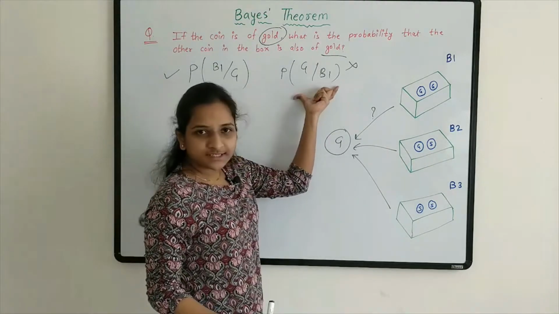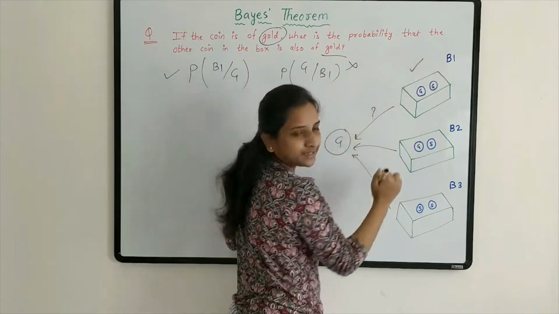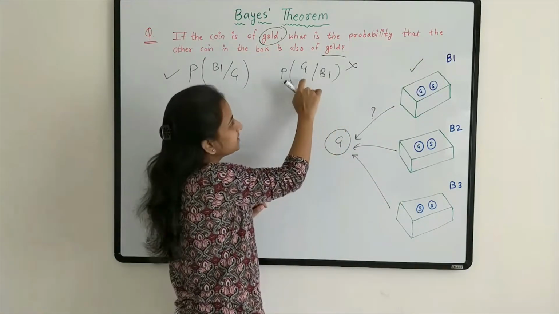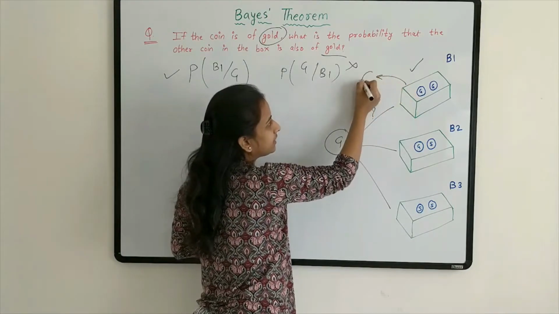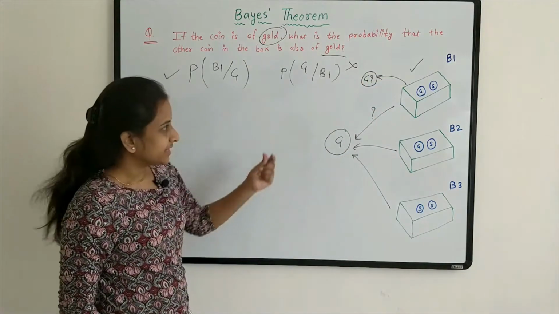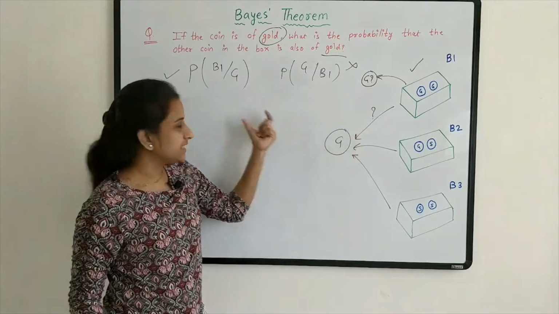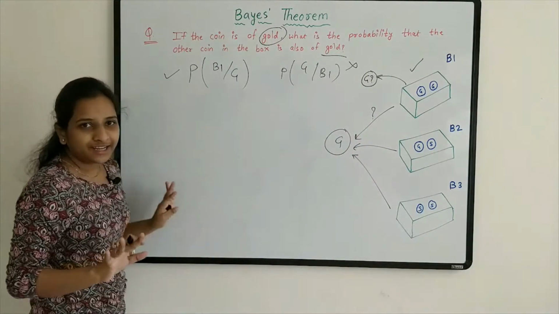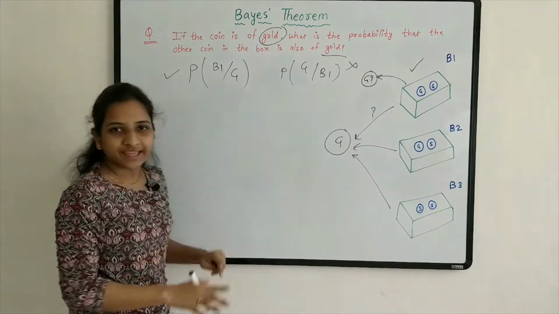Now, what does this mean? Box 1 is already selected. Then what is the probability that the coin is of gold coin? If a coin is taken out from this box, what is the probability that it is of gold coin? See, this is a conditional probability question and this is Bayes theorem, right? We have already seen this. So, till now it's clear that we have to find this and this is Bayes theorem.